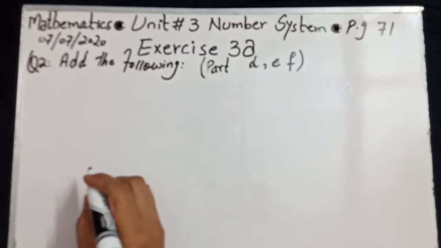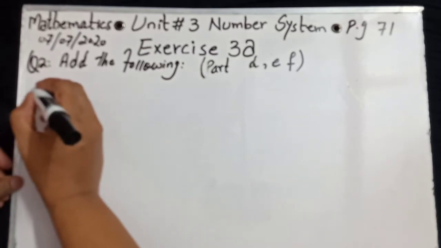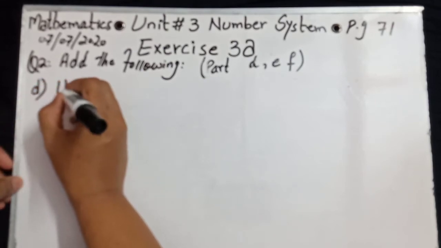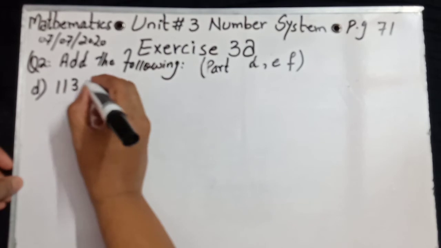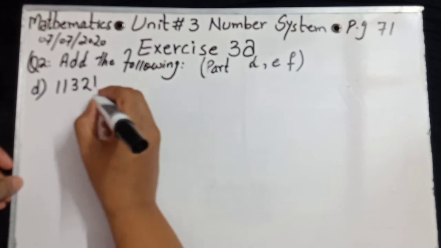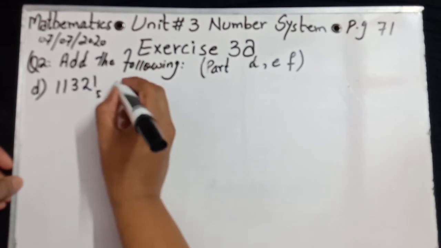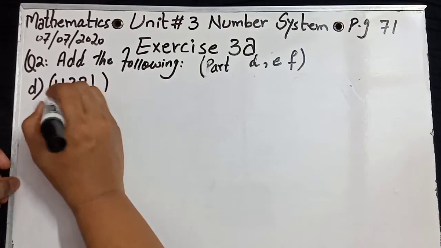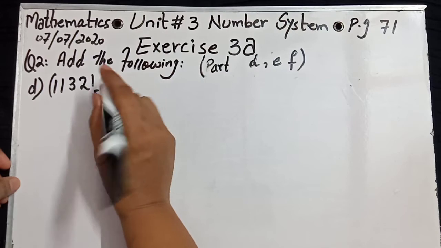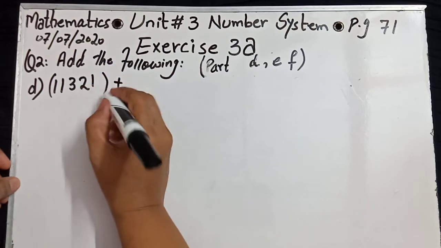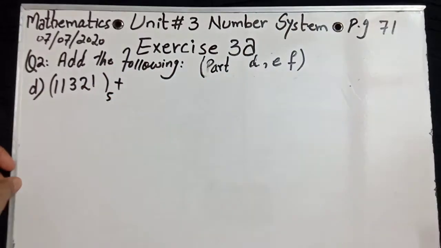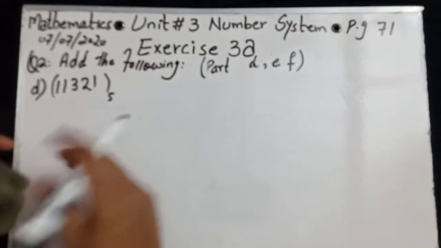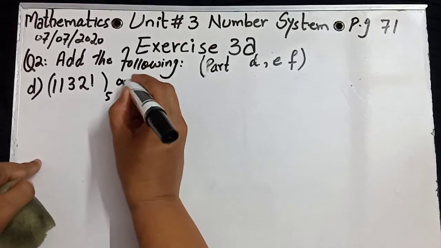Okay? D1. 11321 base 5. Plus is not given but is given in your book.